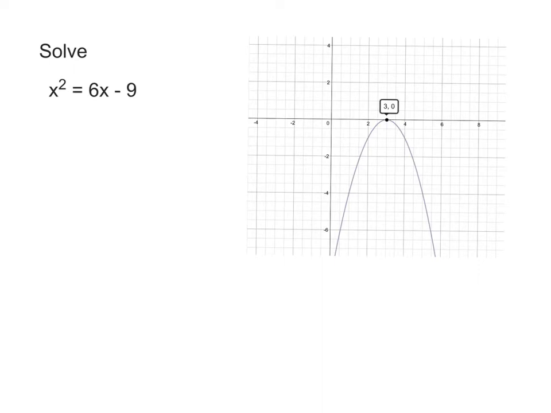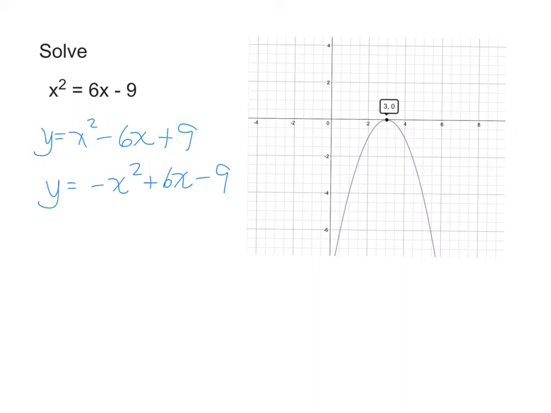What's causing the difference is some of you moved the x squared over, and some of you moved the 6x minus 9 over. So you could have graphed either of these. y equals x squared minus 6x plus 9, or y equals -x squared plus 6x minus 9.